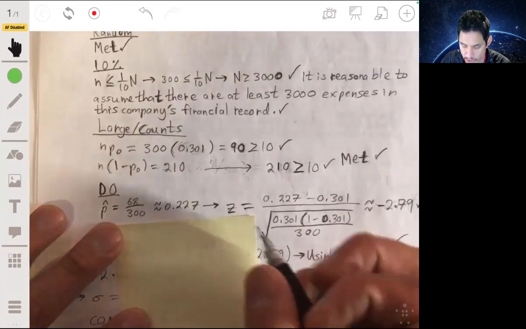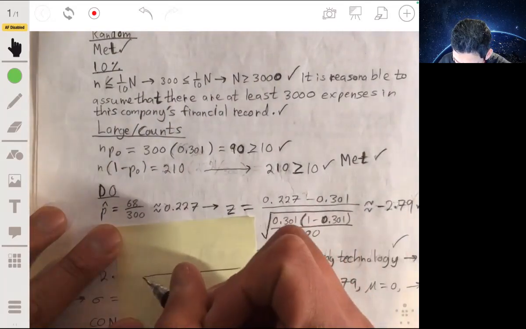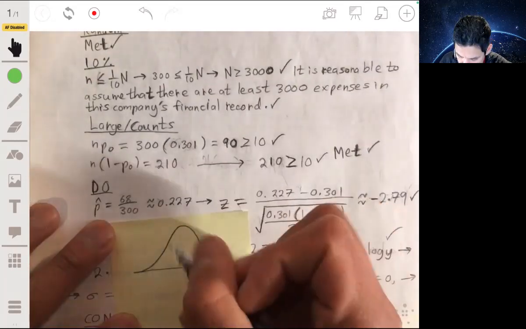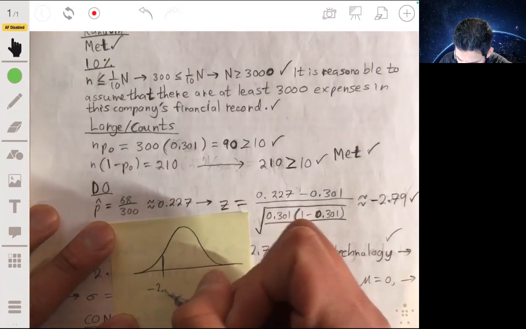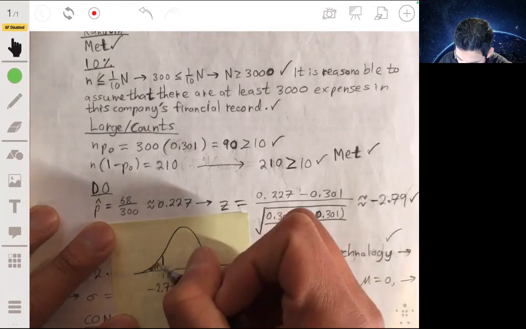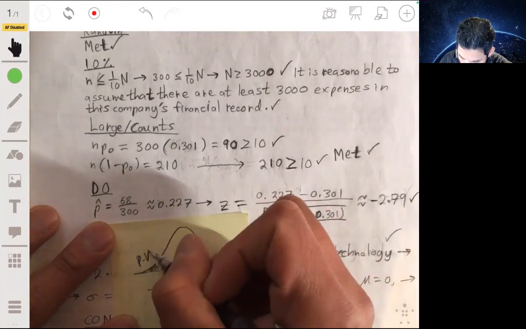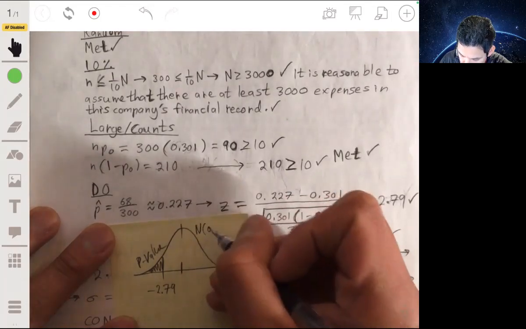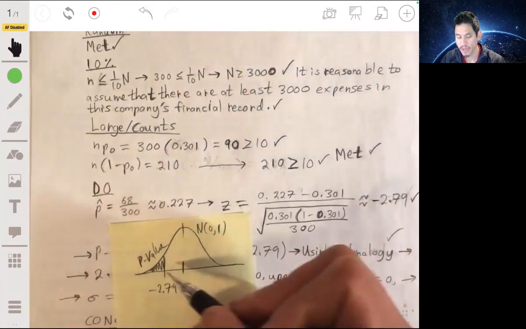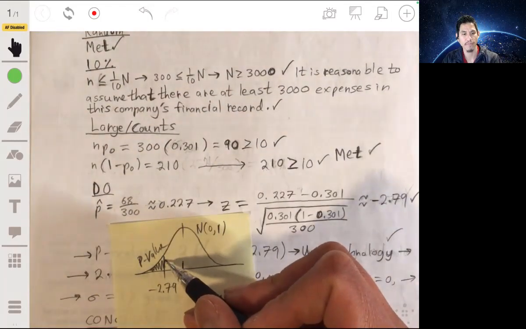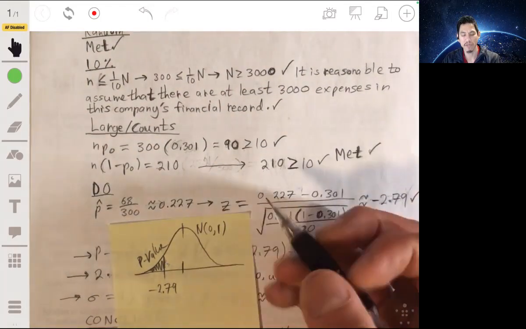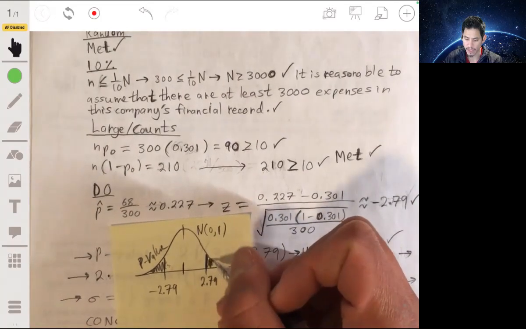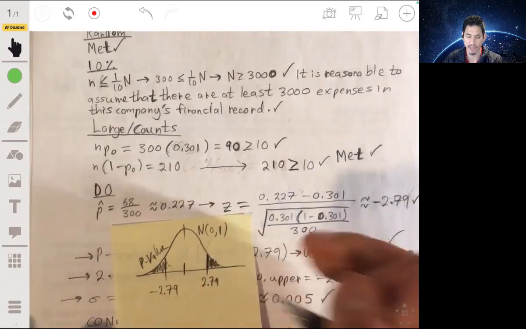So remember, our p-value is going to correspond to the area to the left of this, negative 2.79. And remember, this is standardized, so this is a normal distribution with a mean of 0, standard deviation of 1. So we find this p-value, and then we multiply it by 2, because we're looking also at the other tail. We're adding these two together.